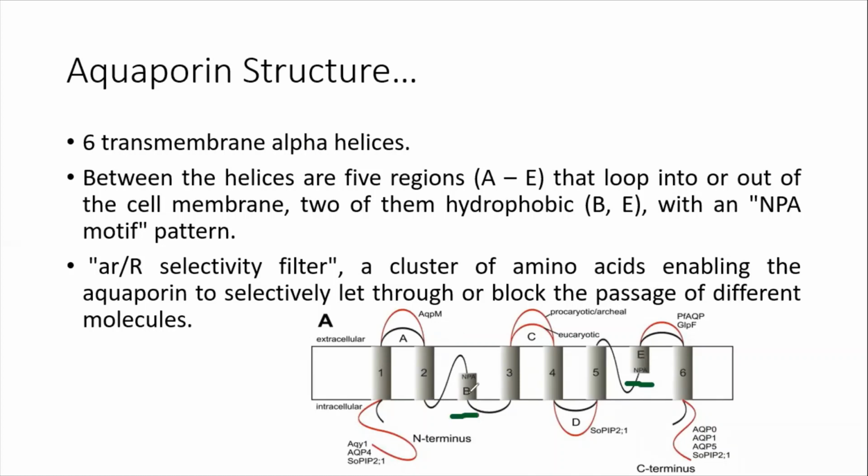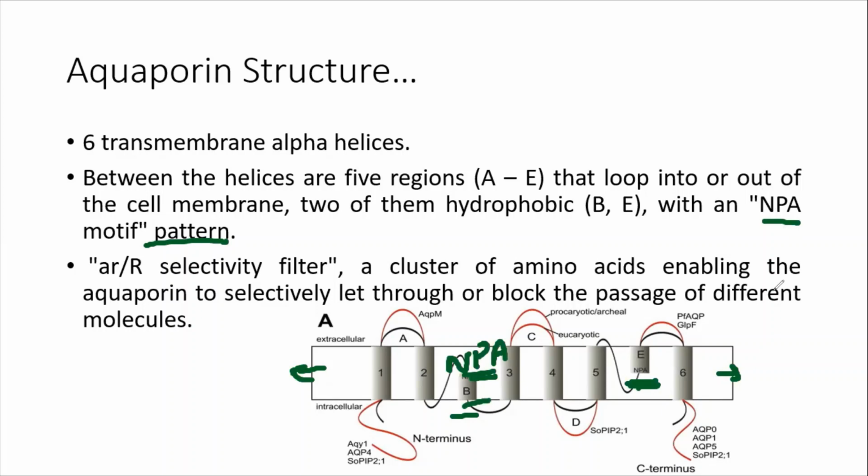They are inside the phospholipid layer. Can you see? It is totally inside in this region, both B and E. And B and E are having your NPA pattern. So your B and E are having the NPA motif pattern. What is NPA? The asparagine, proline, alanine motif pattern.